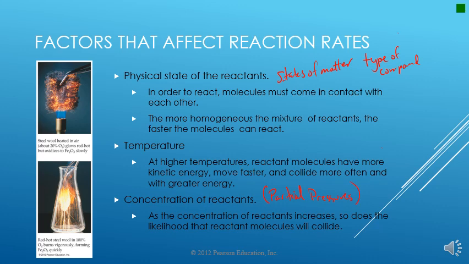Essentially we could rearrange the ideal gas law to have moles per liter at a certain temperature equaling the pressure, so you can think about partial pressures as being like a concentration. So the greater the number of reactant molecules, the more likely that you're going to have collisions that will produce the products.